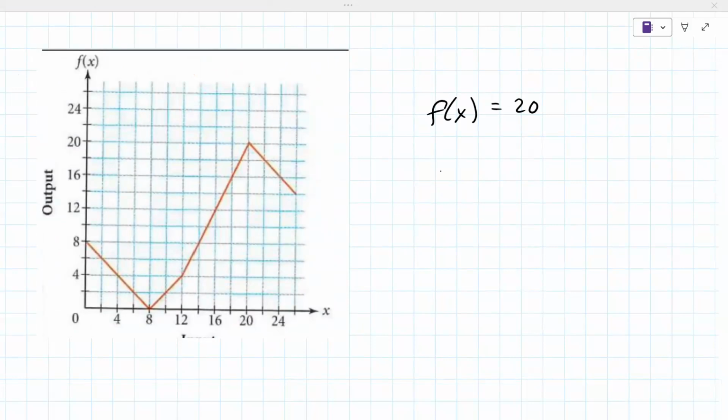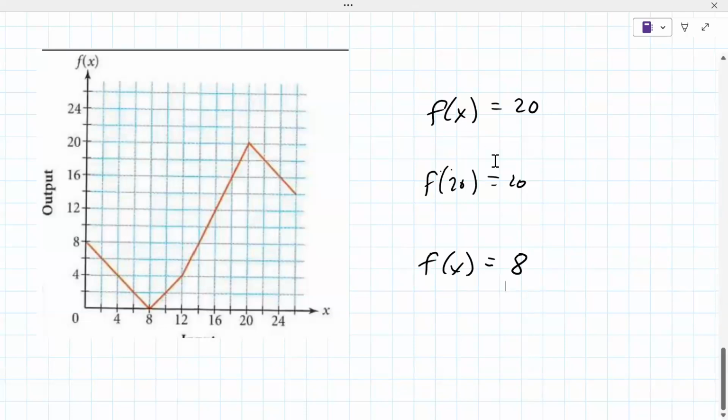At 20. It's at 20. It kind of worked out where it's the same value. Now, what if I ask you where f of x equals 8? At 0. Is there any other values?